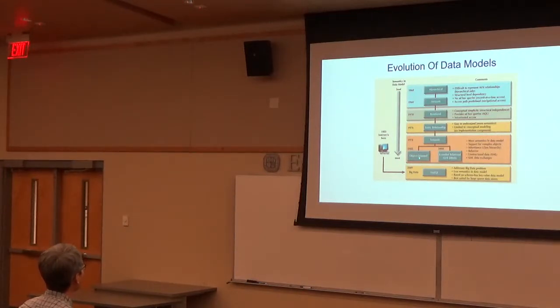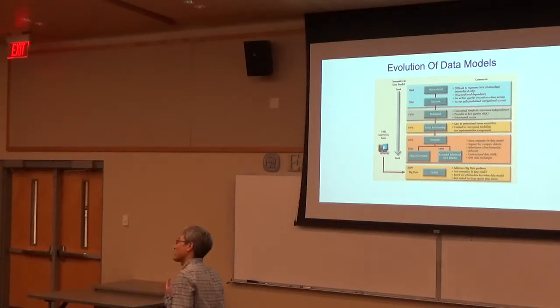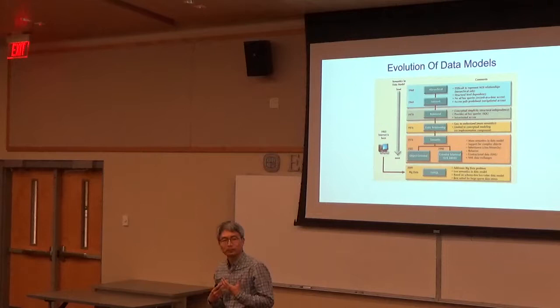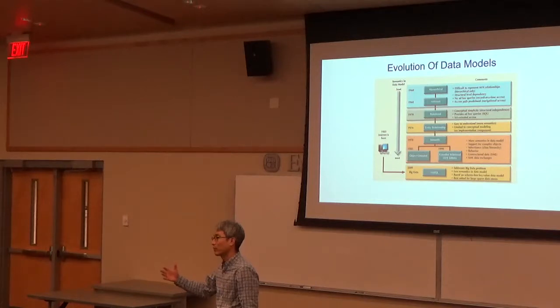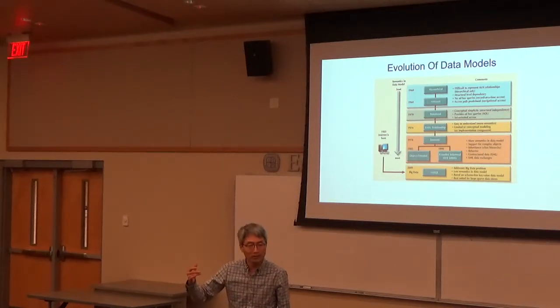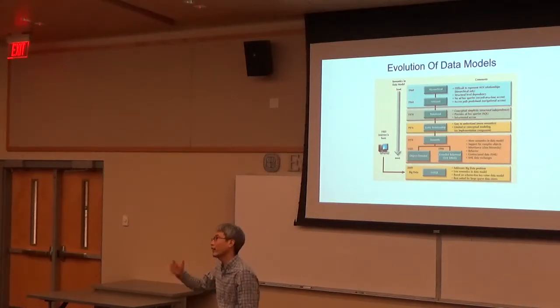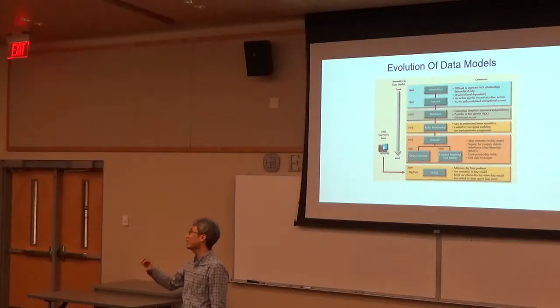That is the object-oriented model, the extended relational model or DBMS, and also XML. It was actually a hot issue when I was a student in the early 2000s. XML is the extensible markup language. Can XML replace the relational database or not?